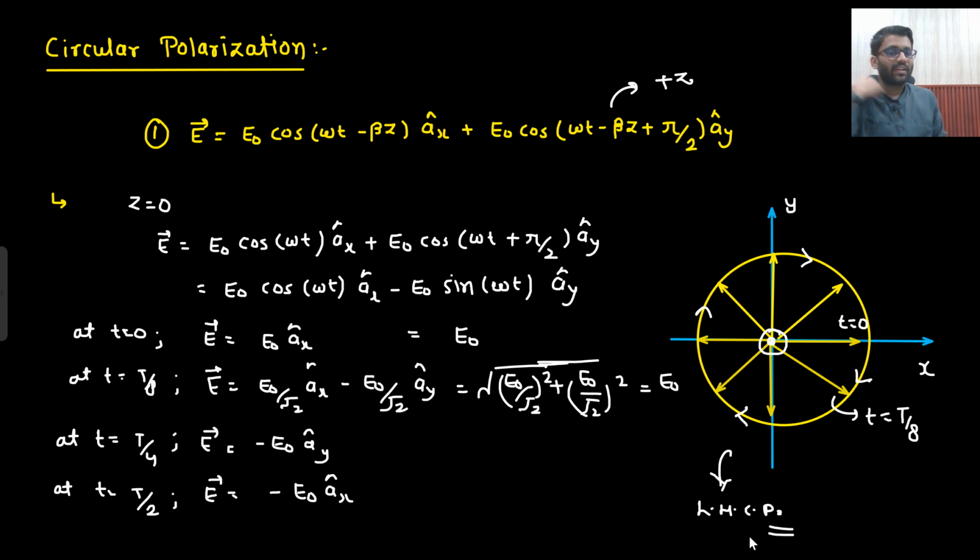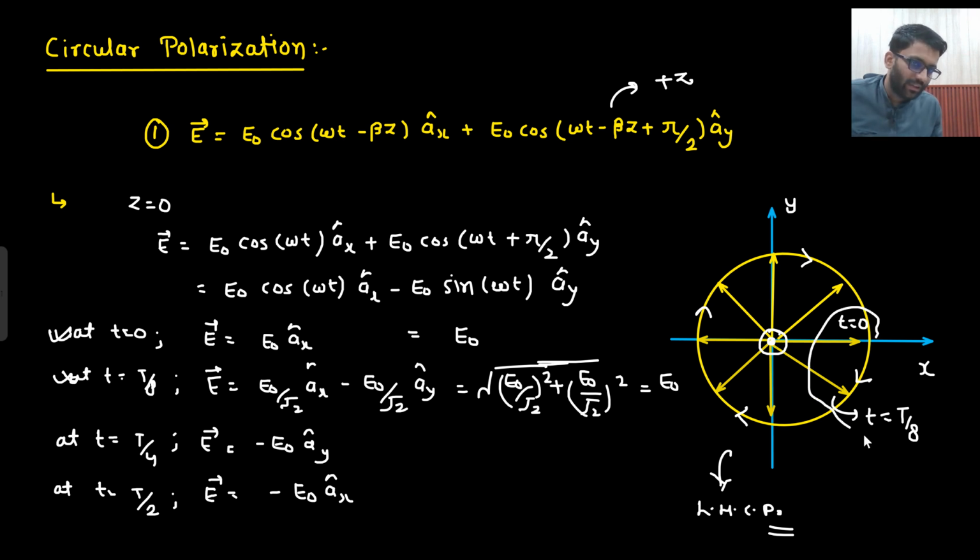Now if a question comes in the examination, how would you solve it? First you will see the phase difference. Phase difference is pi by 2 and certainly it is circularly polarized. Now if they are asking whether it is left hand circularly polarized or right hand circularly polarized, you just need to check at two instants. You check at t equals 0, you check at t equals t by 8. You will get to know in which direction I am moving.